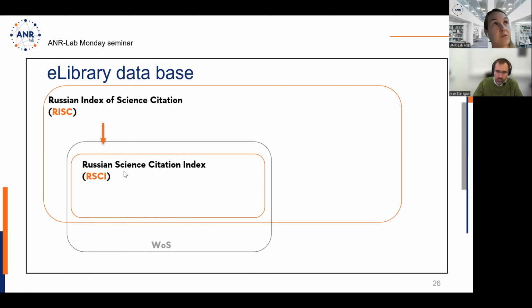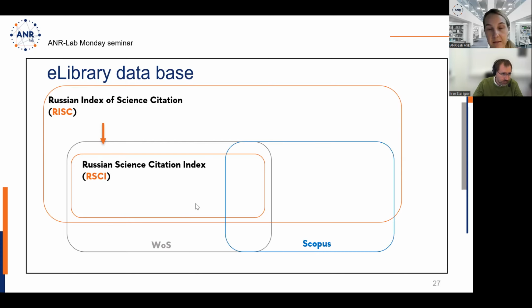And some of the Russian journals are indexed in Web of Science, so that's why it is a subpart. The same situation is with Scopus, because we have some journals which are indexed in Scopus, and they would also intersect in some part with Web of Science, and of course some of them are included into Russian Science Citation Index.